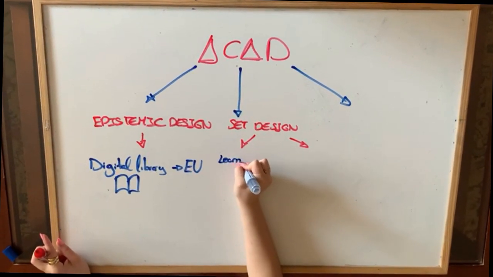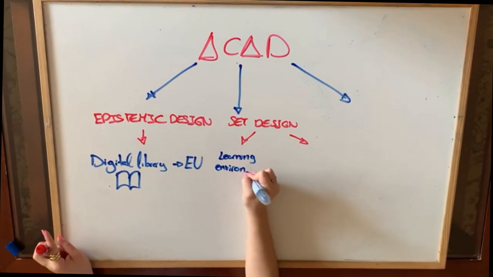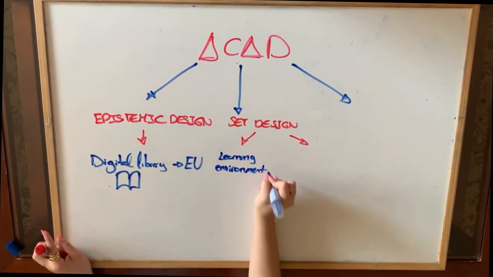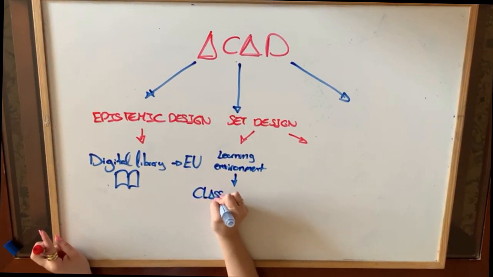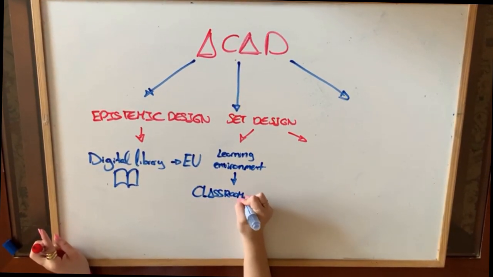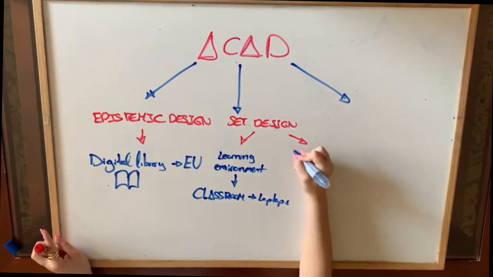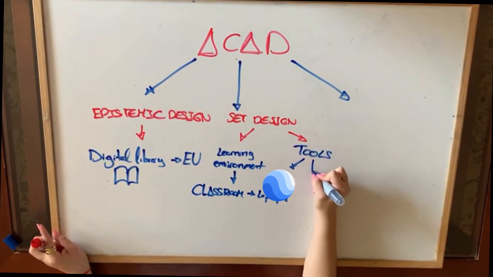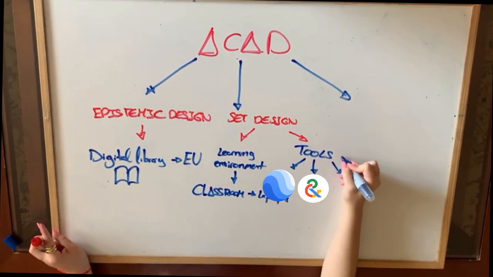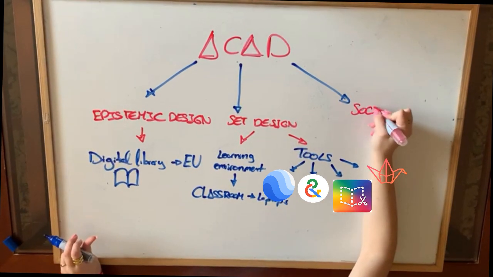In this case, the activity will take place in the classroom and computers or laptops will be required. Regarding tools, we will use Google Earth in order to search information of geographical aspects, Google Arts and Culture in order to look up curiosities and cultural facts, Book Creator to design and produce the digital book, and Padlet as a tool by which all digital books will be uploaded so a digital library can be formed.